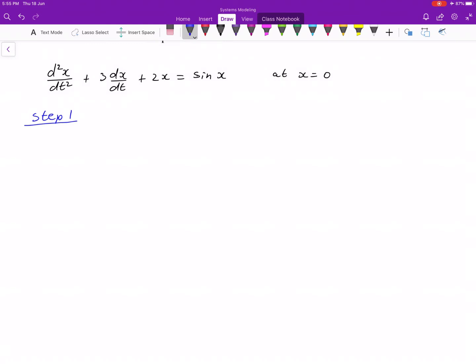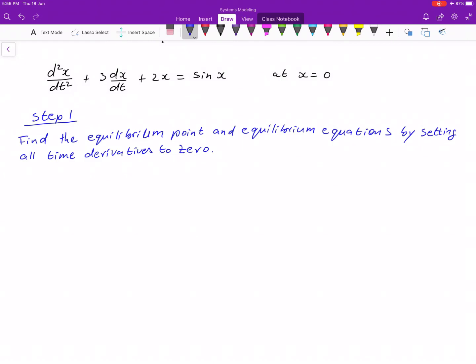If I rewrite this equation, we have x double dot plus 3x dot plus 2x is equal to sine x.